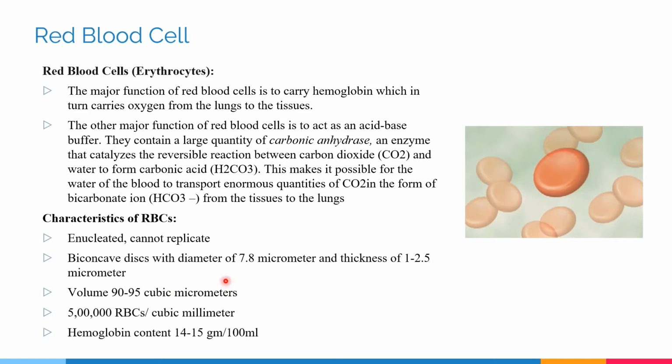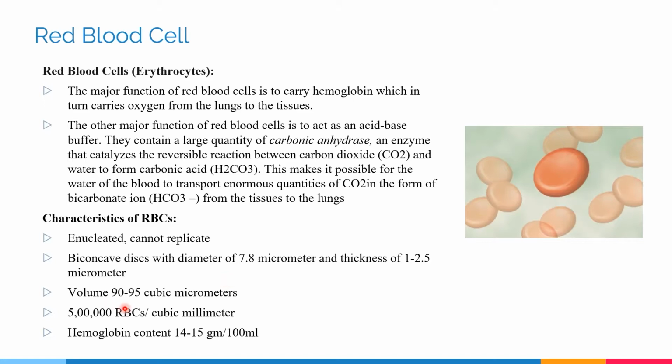Further, due to the absence of nucleus or any big organelles present inside the cell, the RBCs can squeeze through small capillaries as well, where no other cells can cross through and deliver oxygen to those tissues present beside the capillaries.